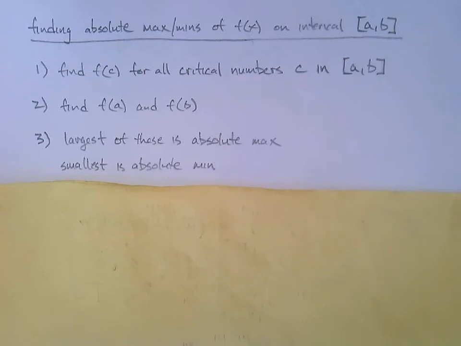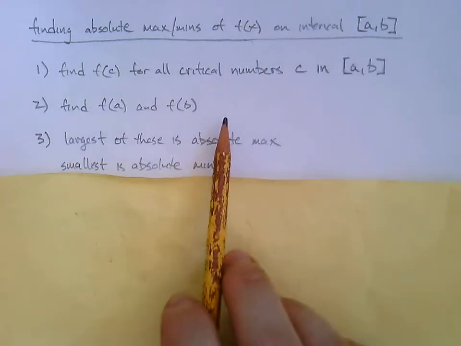Here are the steps to finding the absolute maxes and mins, and you may notice that it begins with critical numbers. So we find f of c for all of the critical numbers c that are in that interval a to b. There's really two steps going on here, and it's just kind of said as one step.